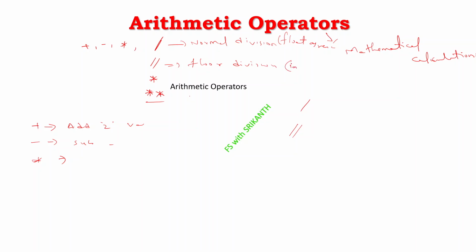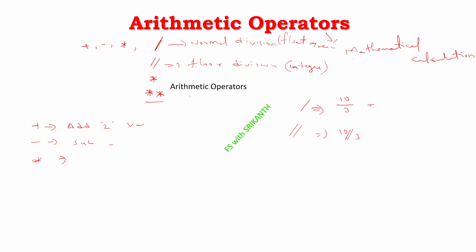Floor division rounds off, so we get the result as an integer. Even if we get a decimal value, it will be rounded off. So the normal division divides the first operand by the second operand and returns a float value, and floor division divides the first operand by the second operand but returns an integer. Just observe, we are doing 10 by 3 and 10 by 3.